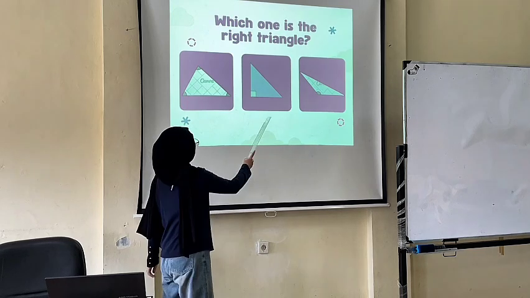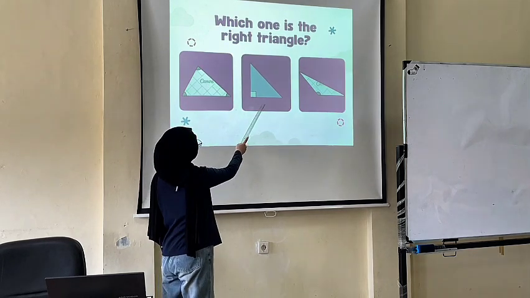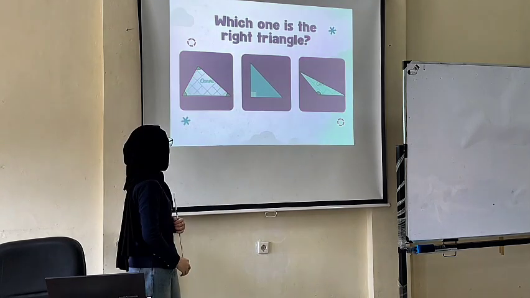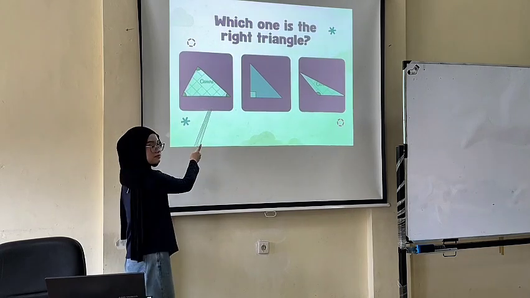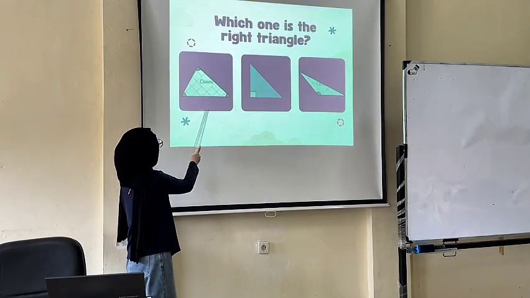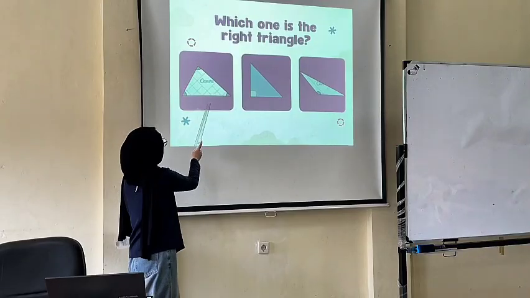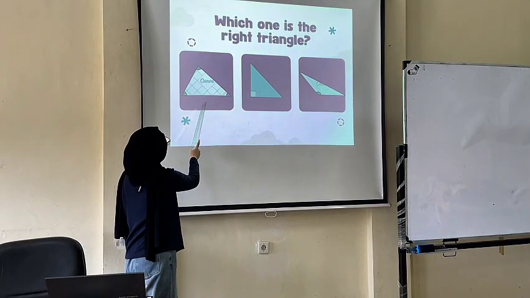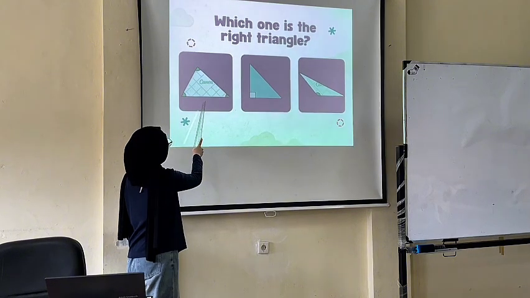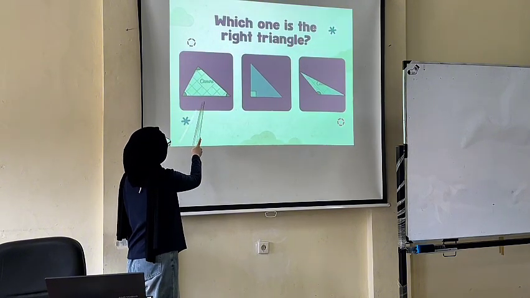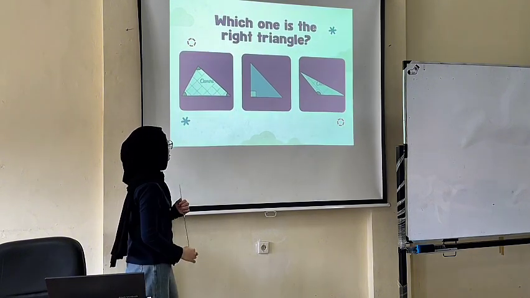Okay, yes, this is a right angle. What is this? Acute triangle. Okay, correct, this is an acute triangle.